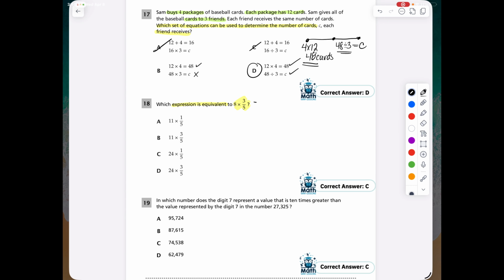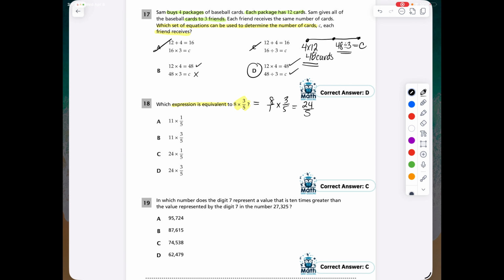So I'm actually going to multiply this out, and I would get 8 over 1 times 3 over 5 gives me 24 over 5. Whatever expression I have should also simplify to 24 over 5. That should be what it was worked out.